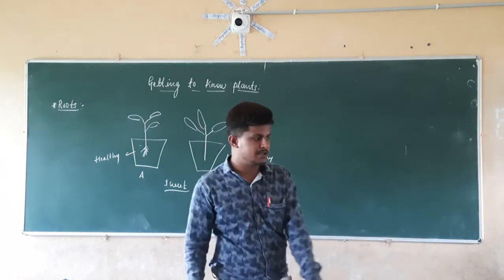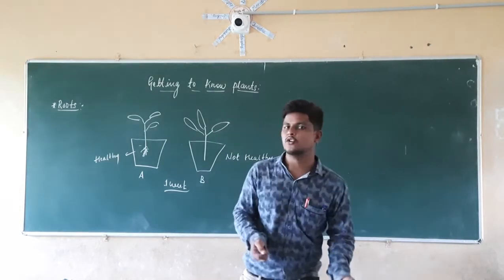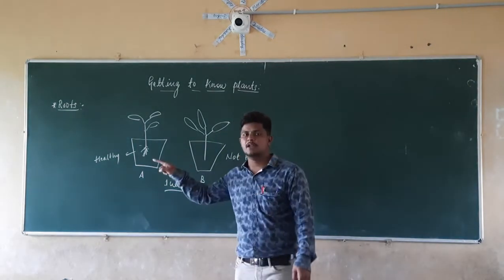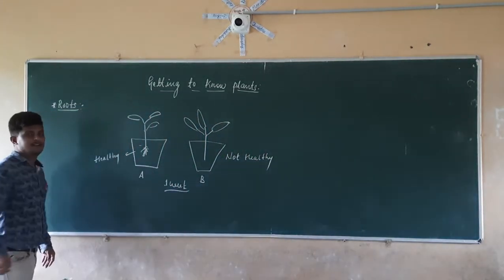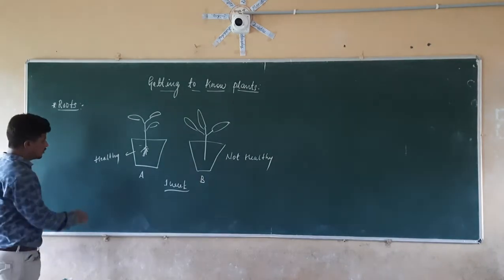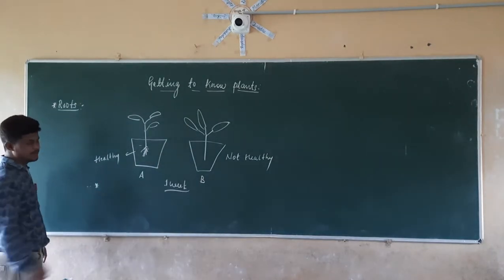Whatever water and minerals are present in the soil are transferred to the leaves by the roots. So the roots are a major component of the plant, helping in the water intake of the plant. So what is the main function of the root here, by this activity?